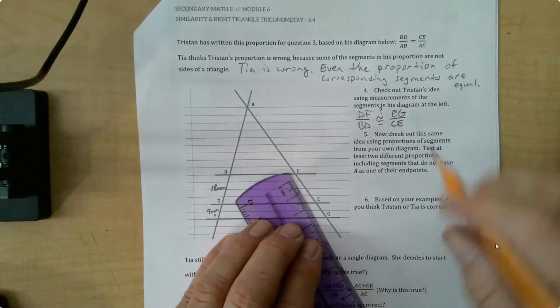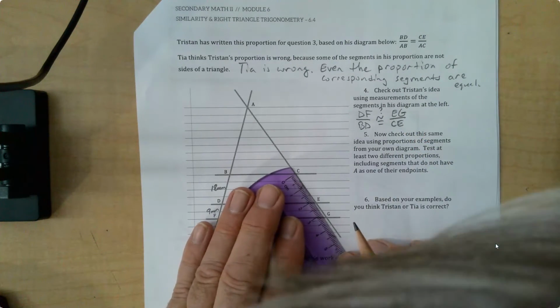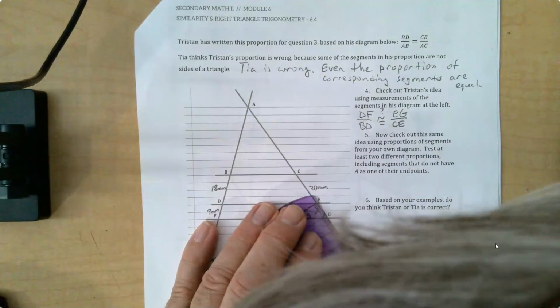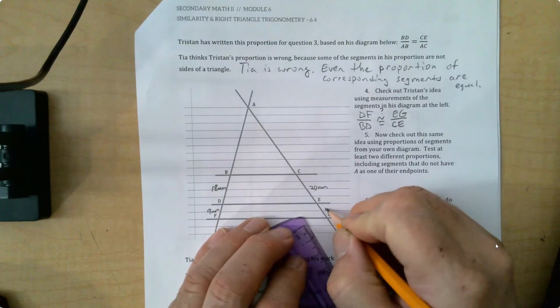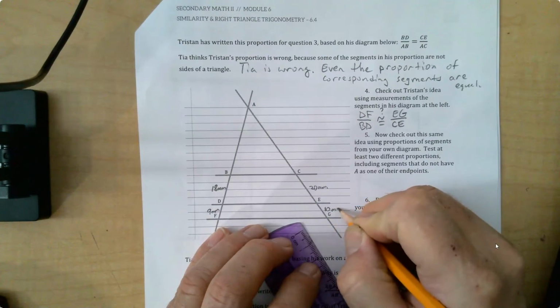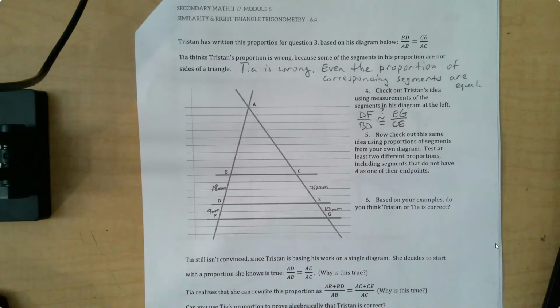And I also lined up CE and EG. CE I'm measuring 20 millimeters, and EG 10 millimeters.